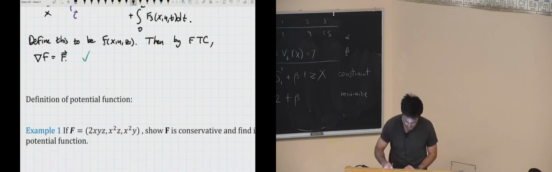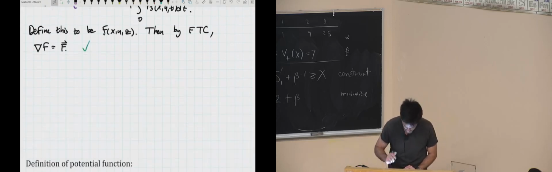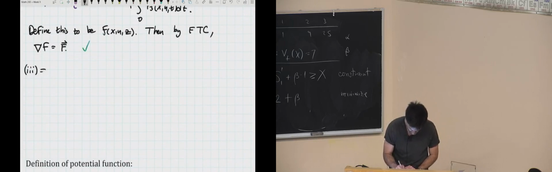Okay, the next two are pretty quick. So to show that 3 implies 4, well, that's easy.